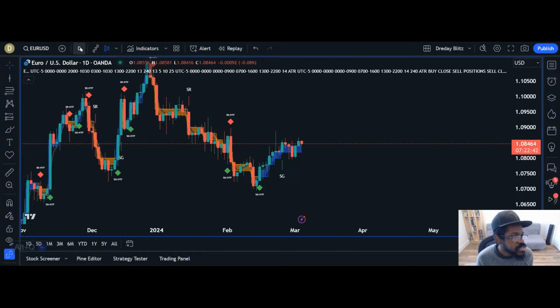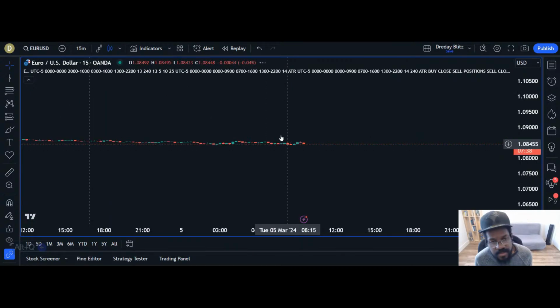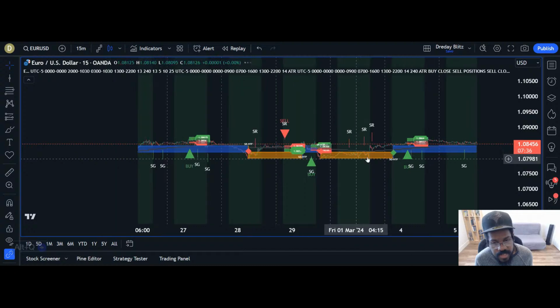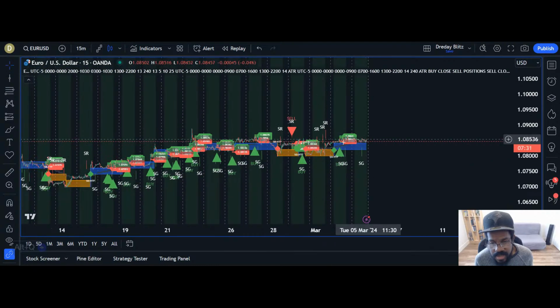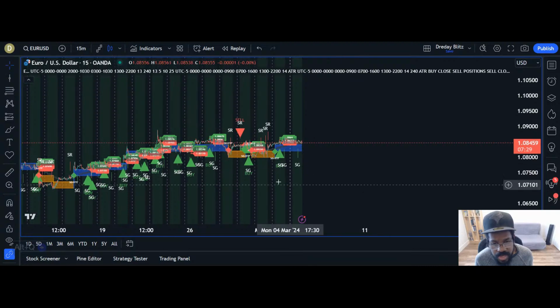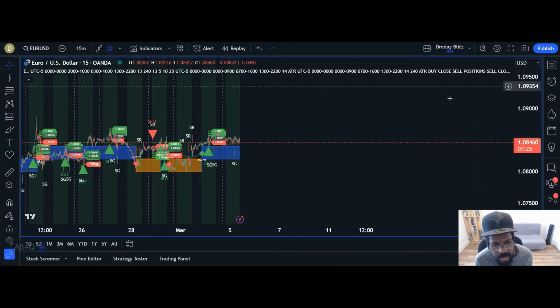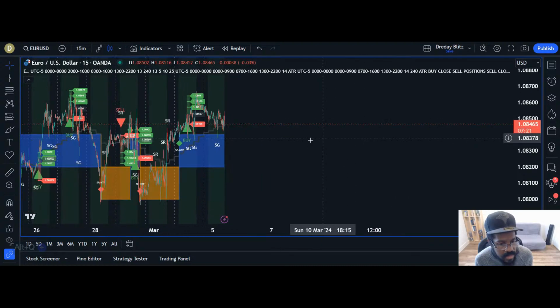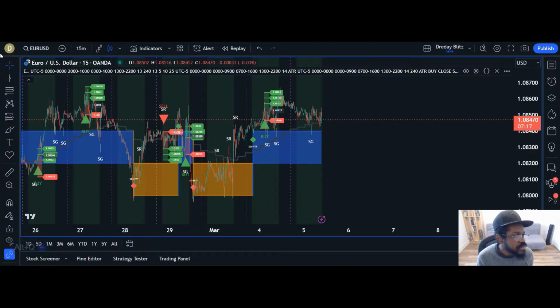I was on the daily, but I'm going to go on the 15-minute chart. On the 15-minute, we're bullish here. We did have a move on the 15, so bullishness here on the 15.